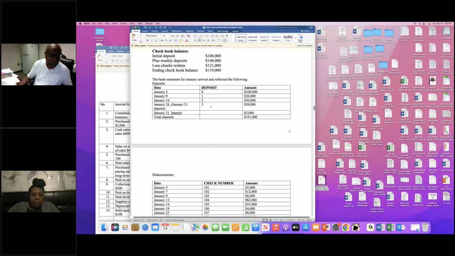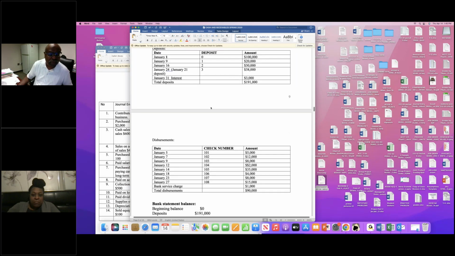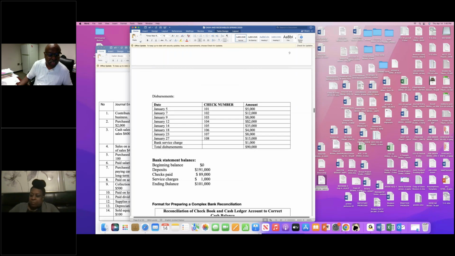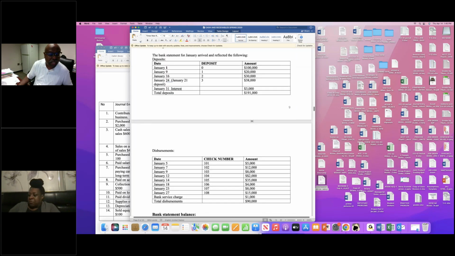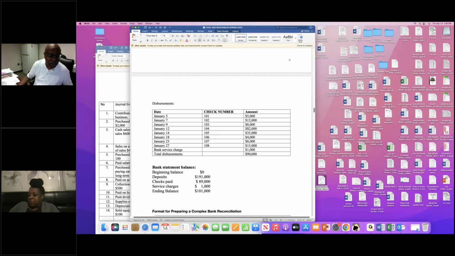So for the bank statement, beginning balance is 0. They picked up 191,000 in deposits. They paid out 89,000 in checks and had a service charge of 1,000. And they said the balance was 101,000.